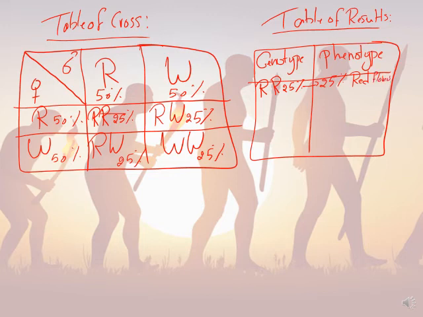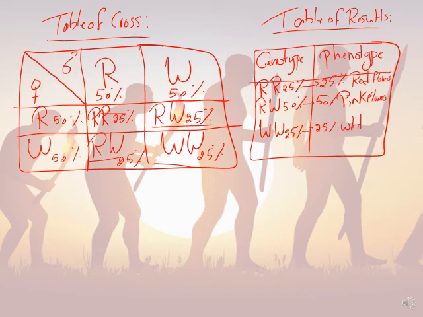Then we have RW, it's going to be 50%. How? Here we have 25 and here we have 25, so 25 plus 25 is 50, so 50% having pink color, so 50% pink flowers. And the last one, WW 25%, so 25% white flowers.